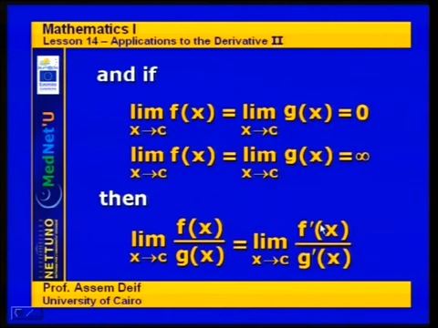So to apply now L'Hopital rule, all you have to do is make sure that two conditions are verified. The first one, that both the numerator and denominator are differentiable in a deleted neighborhood of the point A, the point at which you seek to determine the limit, and that both tend to 0 simultaneously.